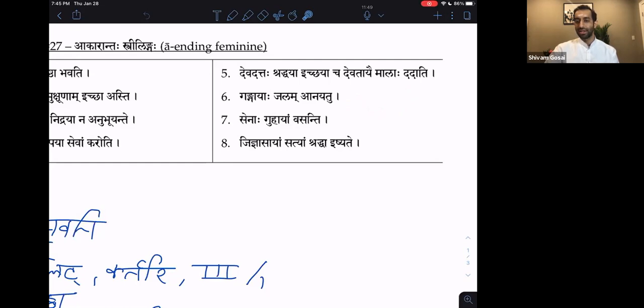May he bring what? Jalam. So this is Dvitiya Vibhakti Ekavachanam, Karmani Dvitiya to anayatu. May bring water. Gangayaha Sabande Shashti to Jalam. So may he bring water. May he bring the water of Ganga. May he bring Ganga water.